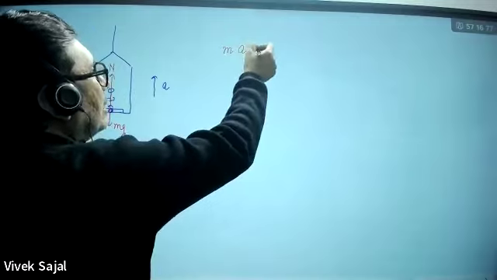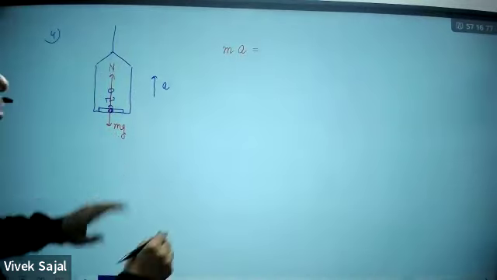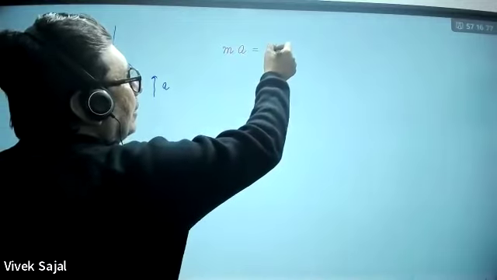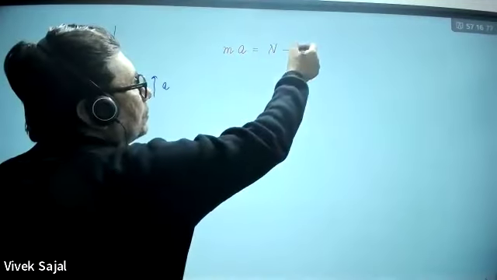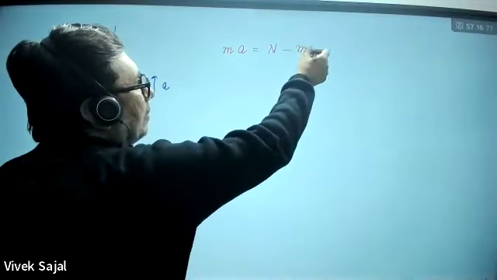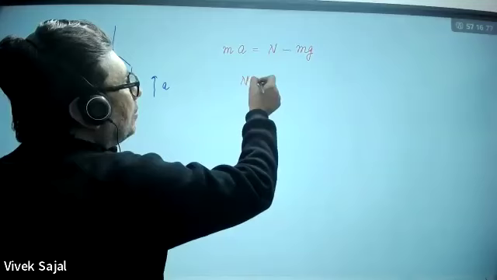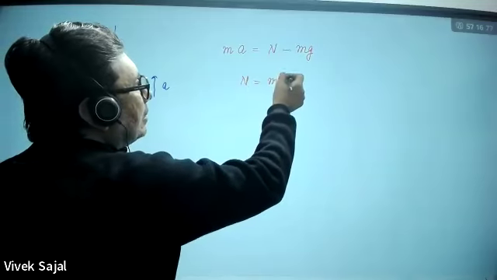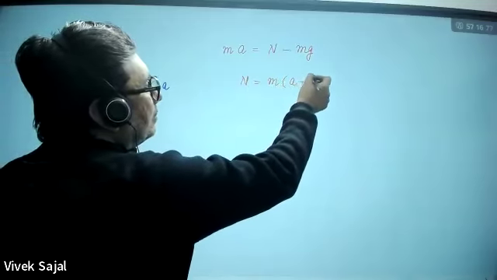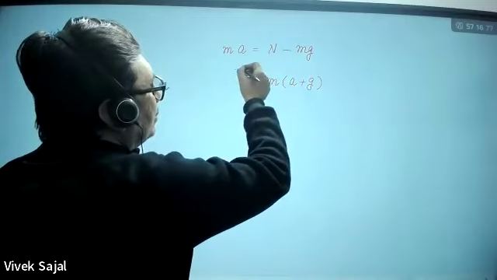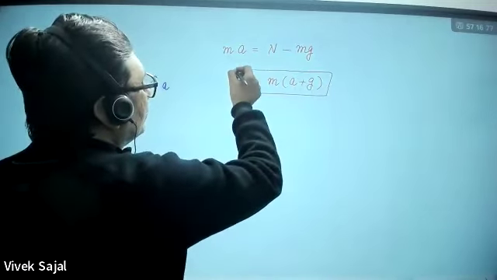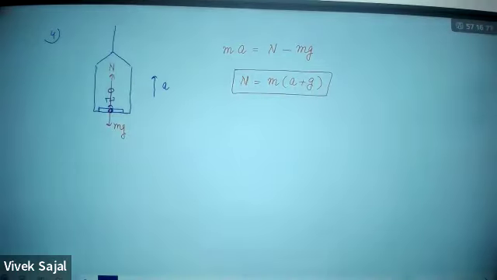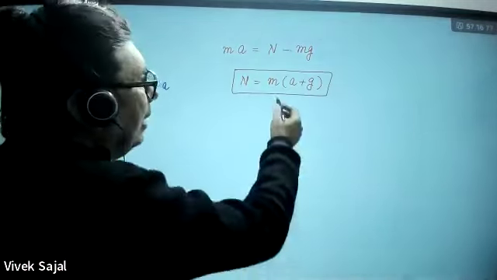ma, who is causing it? Upward force. Upward force is normal reaction N. And who is the opposing force now? Weight is in the downward direction, so this is the opposing force, mg. So what is normal reaction? Normal reaction is m(a plus g). That is the normal reaction, m(a plus g).